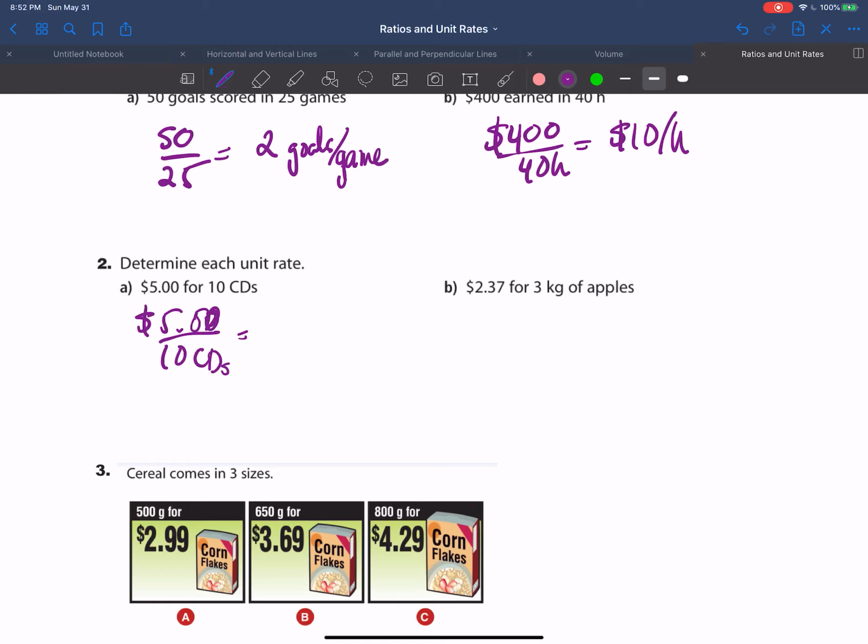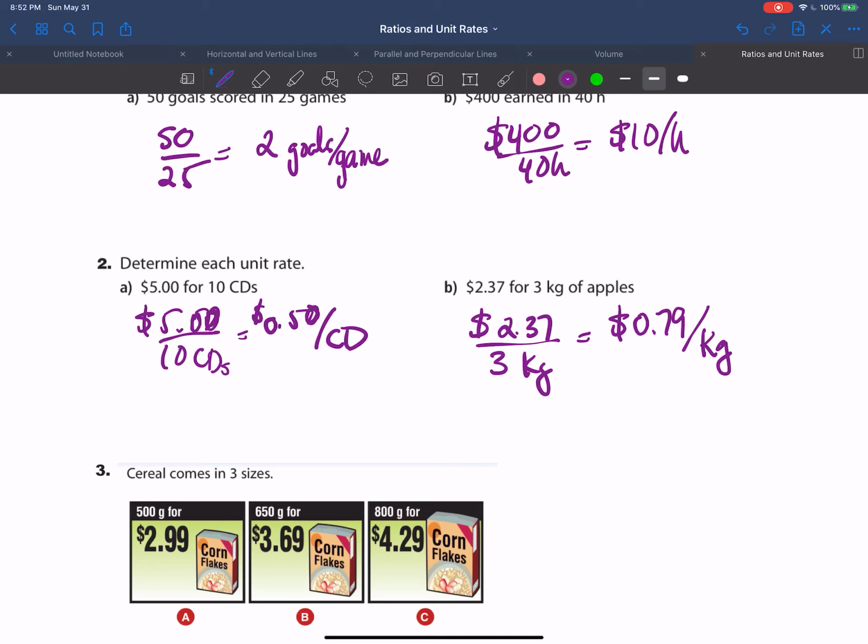So 5 divided by 10 means 50 cents for one CD. $2.37 for 3 kilograms. What is it for 1 kilo? Well, divide it. 2.37 divided by 3 is 79 cents for 1 kilogram.